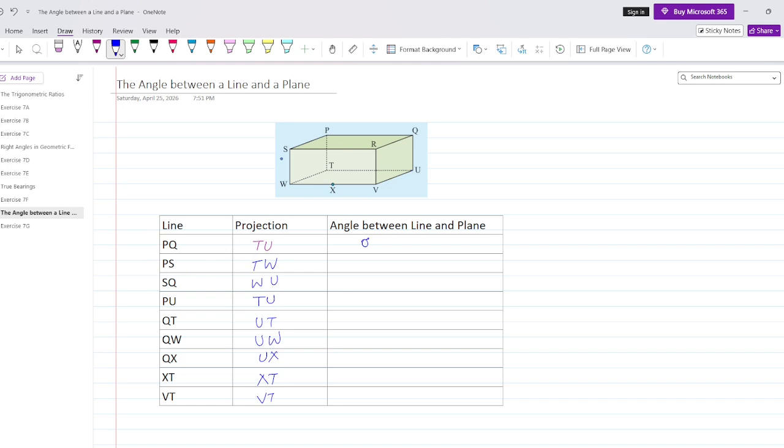Similarly, these two lines will never intersect, therefore the angle between them will be 0 again. For the line SQ, its projection is this line. Again, they will not intersect, therefore the angle between the line SQ and its plane is going to be 0 degrees.